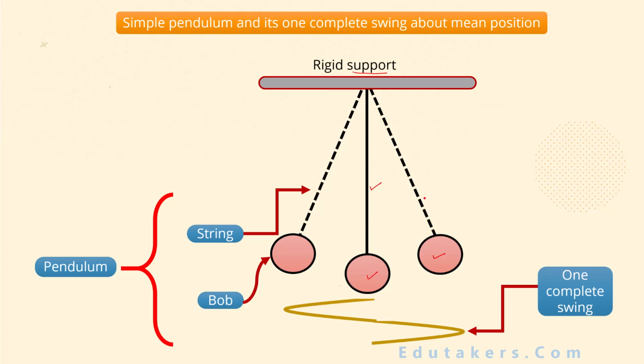This is the mean position, or the equilibrium position, or the rest position in this case. Then suppose that you bring this mass to the other side, to some extreme position here.